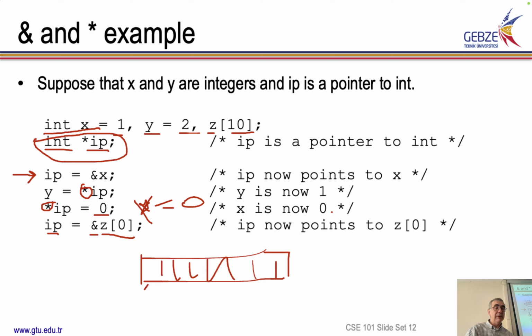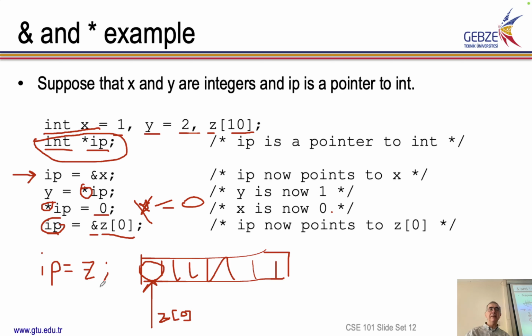Right? So this is the first element, Z0. The address of this can be set to a pointer. We can also say IP is equal to Z. This is okay.